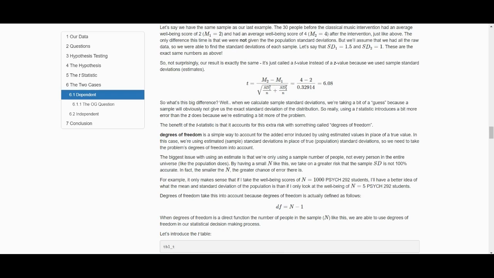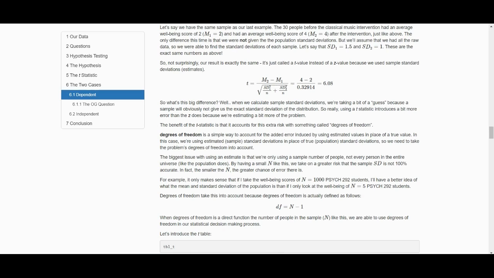So let's assume that we had all the raw data, so we were able to find the standard deviations of each sample. Let's say the pre-test sample standard deviation is 1.5 and the post-test is 1. So these are the exact same numbers as above. It's just that now these are sample statistics instead of population statistics. They're estimates.